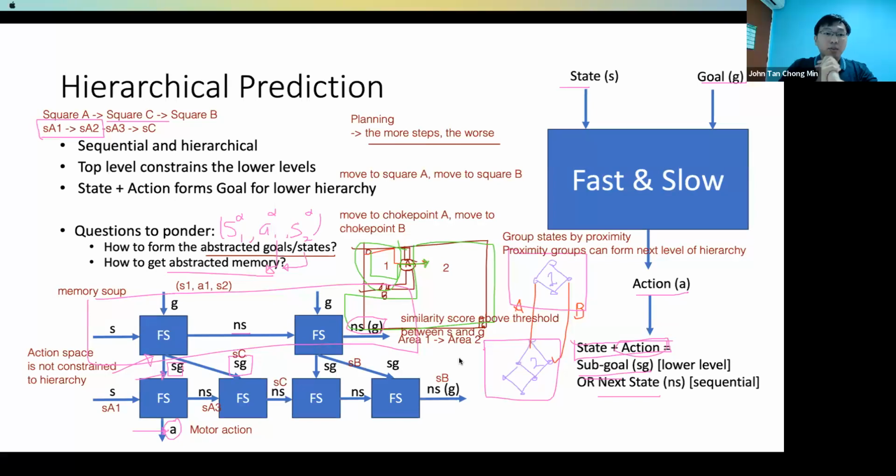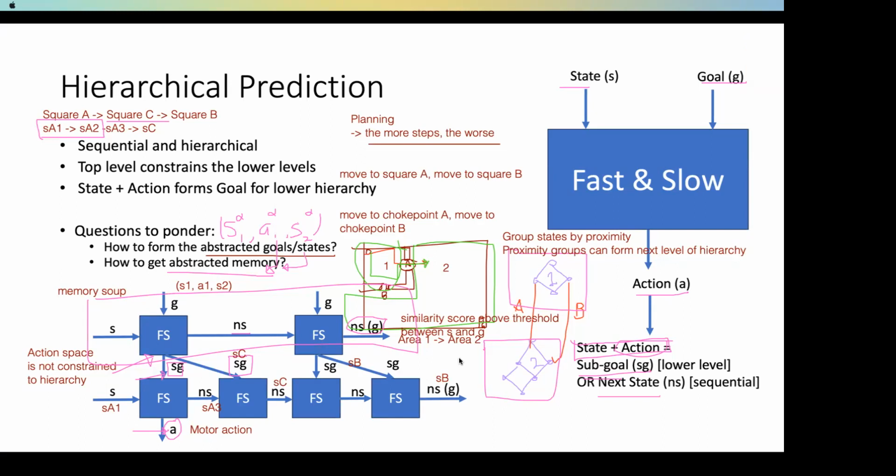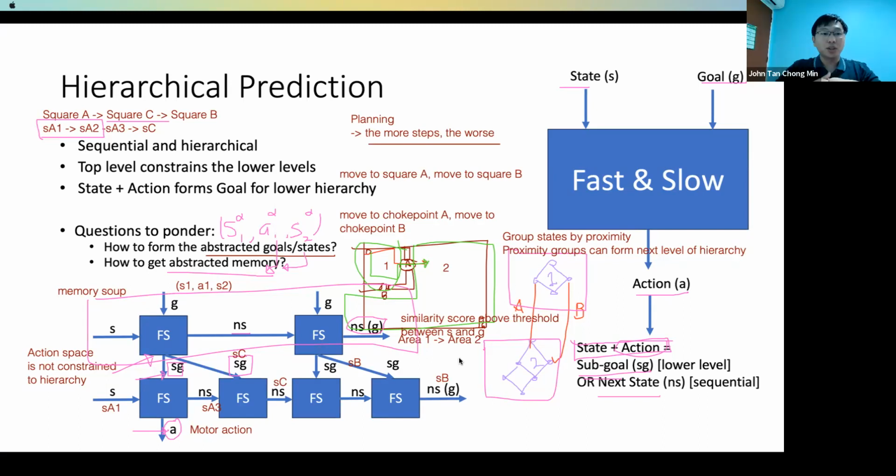I think what needs to be done here is that we just need to choose the next state to be the most similar to the goal state. If the next state that is most similar to the goal state is a macro action, then the action will be a macro action. So I think at every step of planning it is just pattern matching.